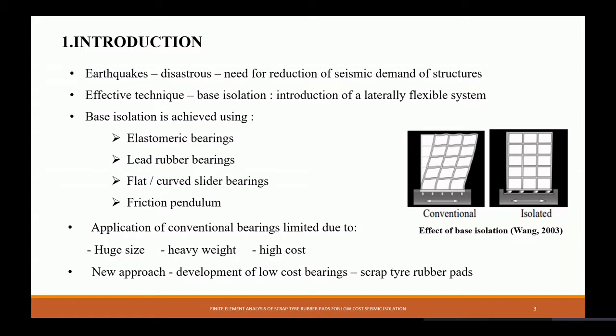If you consider either the northern part or the northeastern part of India, these constitute the majority of regions subjected to very high seismic excitations, but the residential houses there are at great risk because these are non-engineered constructions, not properly designed against earthquakes. And for those types of structures, we cannot even think of utilizing conventional seismic isolation bearings.